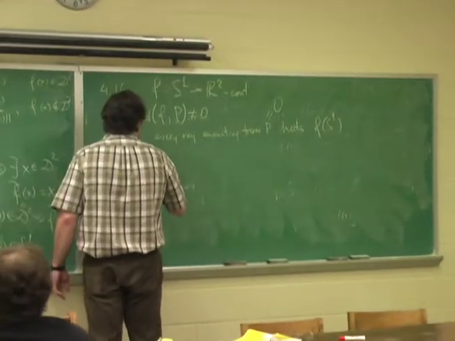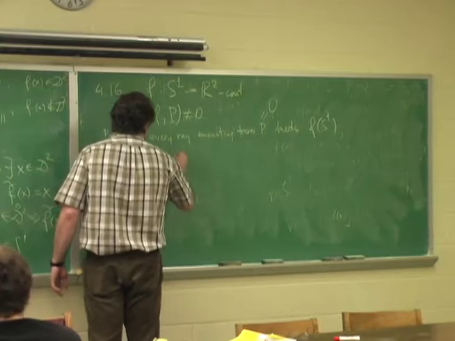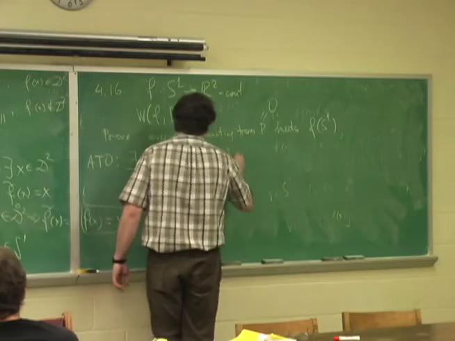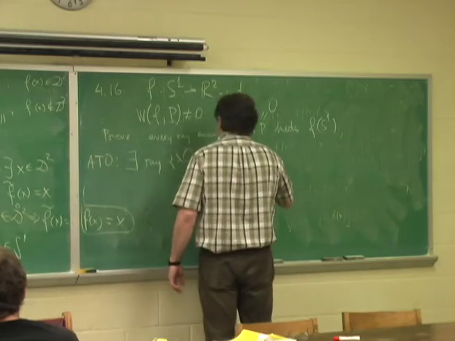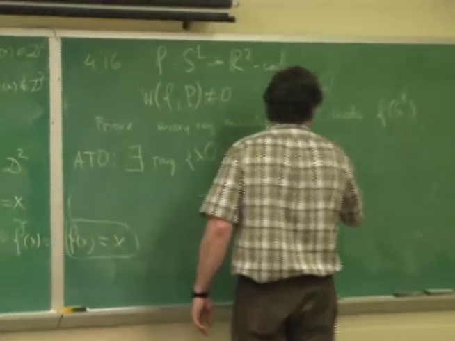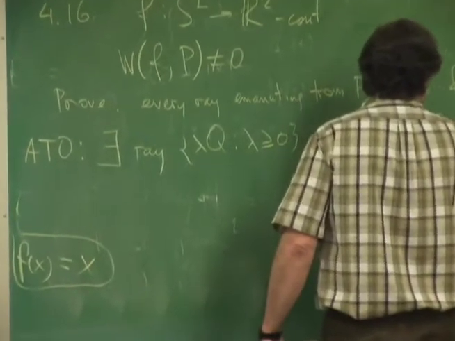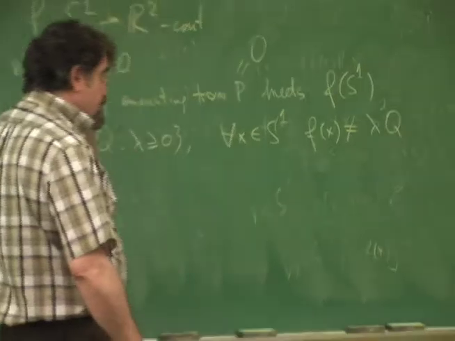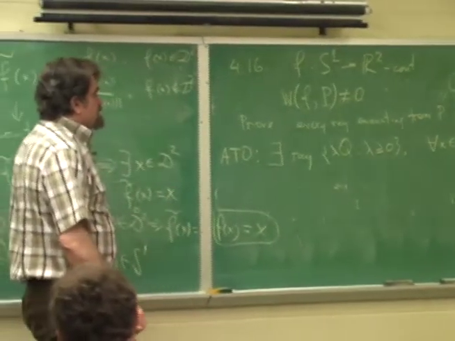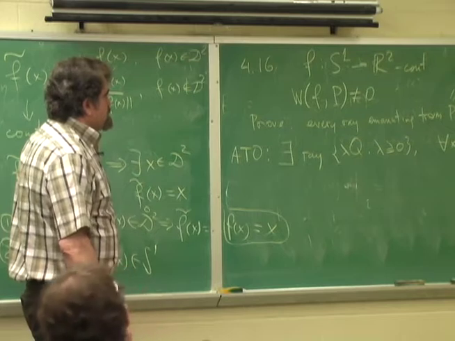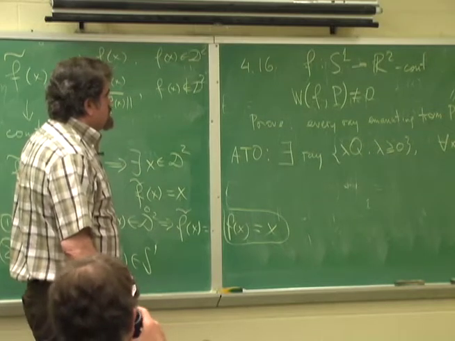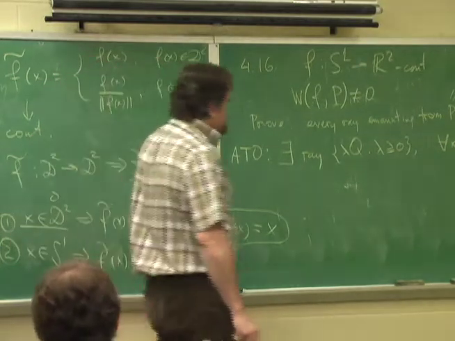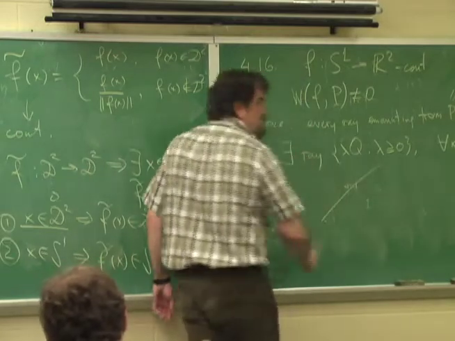There exists a ray, lambda q, lambda positive, such that for any x in S1, f of x is not lambda q. Okay, oh, that's much easier. So there is a ray.